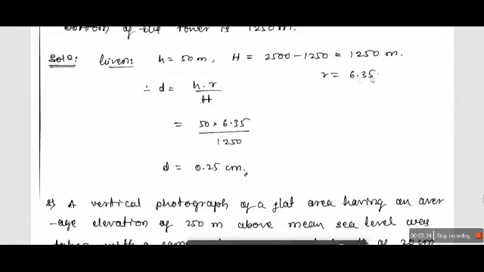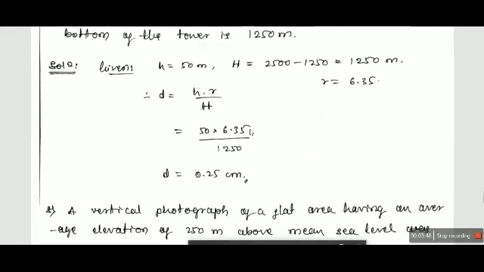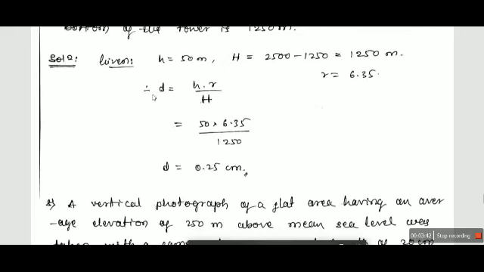Then they have given r, that is 6.35 centimeters. Now we know the formula: d is equal to h r divided by capital H. We know h, r and capital H. Put in all the values: h is 50, r is 6.35 and capital H is 1250.